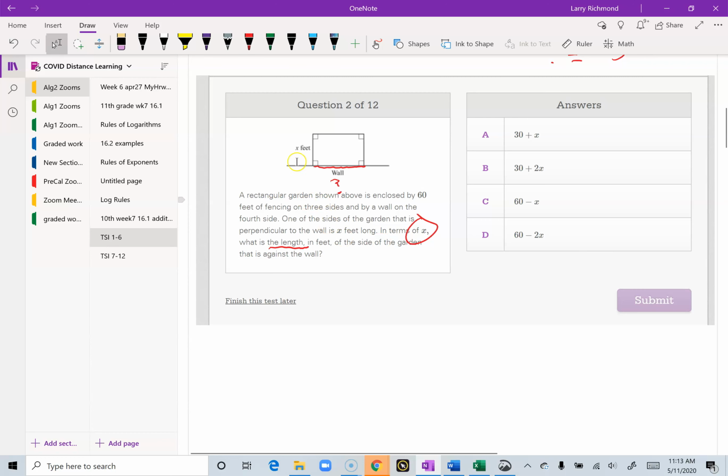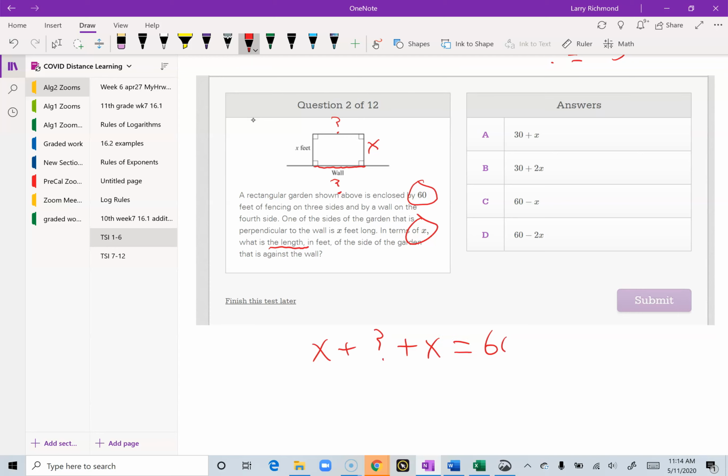So if this side is length x, the opposite side must be length x. Well, if this side over here is question mark, then we can call this one question mark as well. They would be congruent. Opposite sides of a rectangle are congruent. Thus, we know that the 3 sides added together will be equal to 60. So x plus question mark plus x is equal to 60.